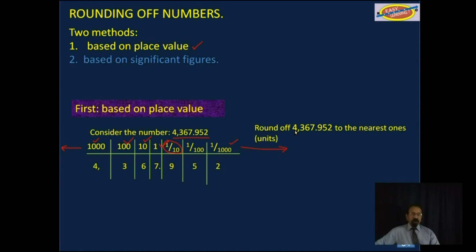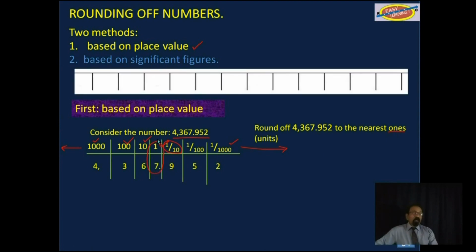Suppose you are asked to round off this number, 4,367.952, to the nearest ones. The nearest ones, that's the nearest whole number. So you're asked to round it off at this point. Let's draw a number line and put in the relevant numbers. Let's say this point here is 4,367, and this line here is 4,368.